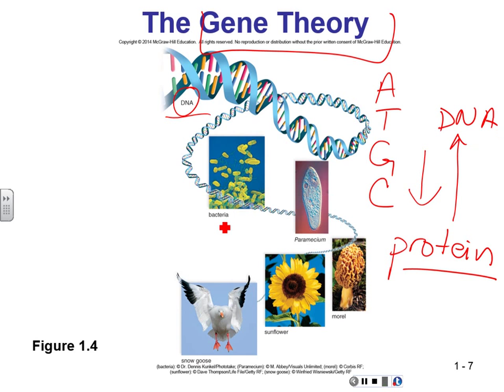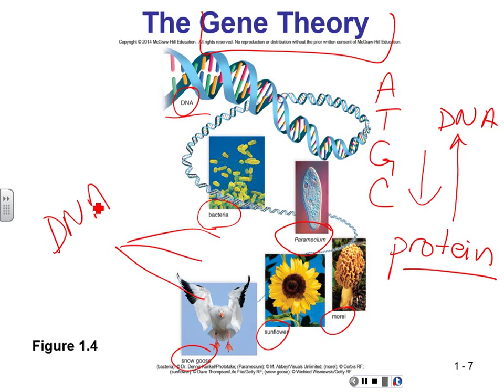So what they're trying to show you in this picture is that bacteria, this is a paramecium, a plant, a mushroom, an animal, all of these originate from DNA. They all have DNA. We've yet to find a living organism that does not have DNA at its core, or maybe I shouldn't say core, but the center of its being.